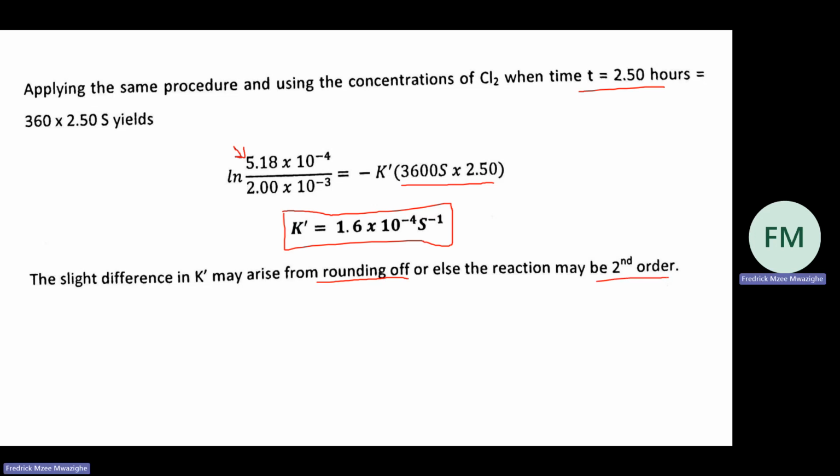For us to rule out that this particular reaction is second order with respect to chlorine, we assume second order. If you assume that it is second order with respect to chlorine, then we apply the second order expression using our data set.